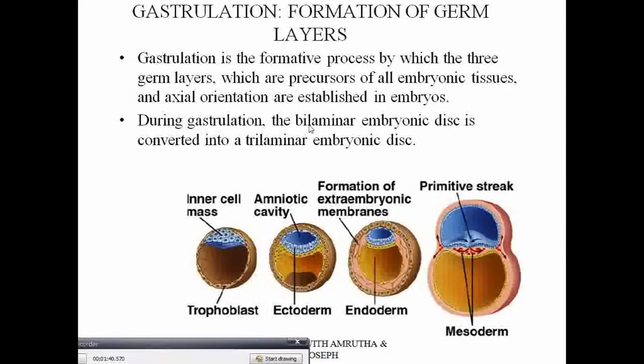Now during gastrulation, the bilaminar embryonic disc is converted into a trilaminar embryonic disc.